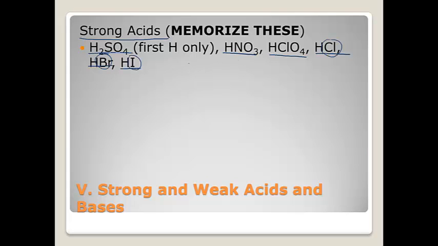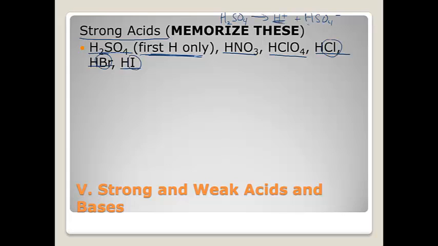But notice what's not there: HF is not there. Now, what does this first H mean for H2SO4? You dump it into water, it will break up into one H+, and then the other H stays on there. The arrow only goes one way. It's a total ionization. And remember, it's not really H+, it actually reacts with water, so you get H3O+.